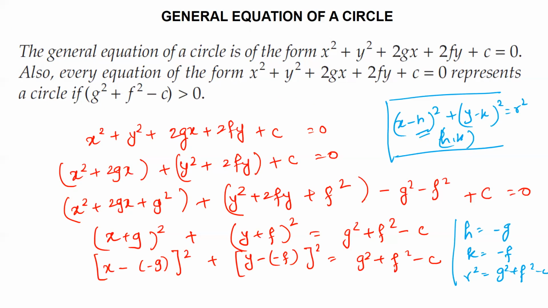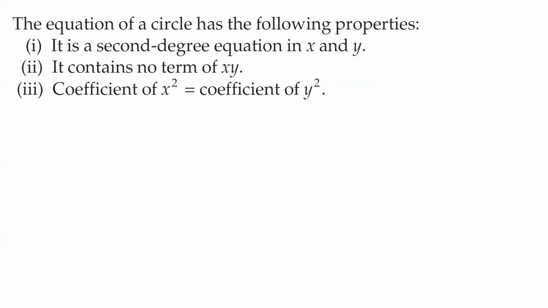And finally, one more thing you have to remember is that the term xy shouldn't be there. Both x and y terms exist in this equation, but they don't exist together. X squared, y squared, 2gx, 2fy, x and y can never occur together. So these are the 3 takeaways.